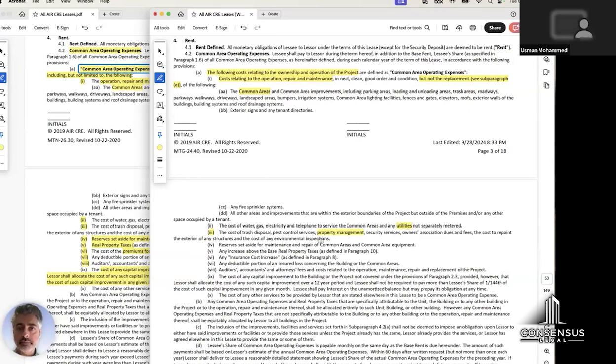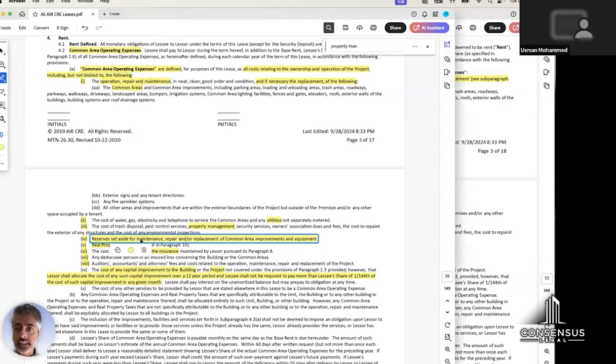Okay, so that's the same. Let's get to item 4. In item 4 of the net lease, lessors can pass through reserves for not just maintenance and repair, but also replacement of common areas. We talked about the roof example, building reserves for the roof replacement.